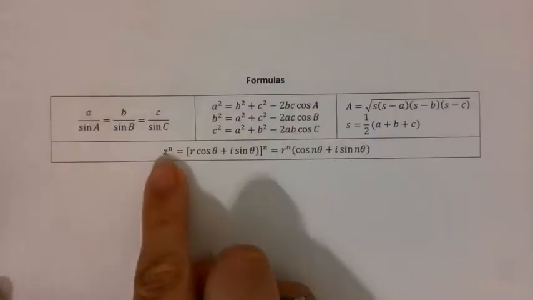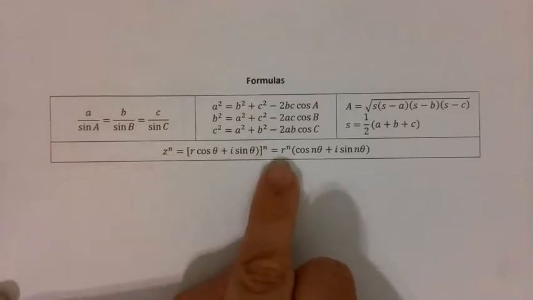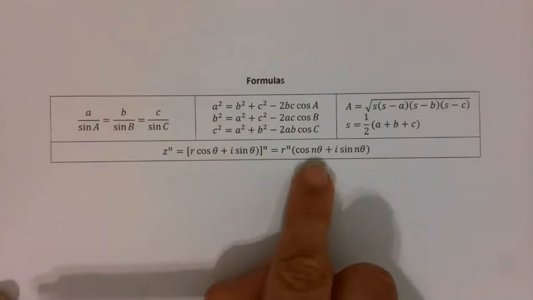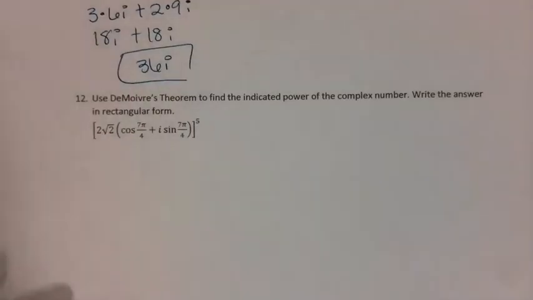This is the one with the z to the n. So I take my exponent, I raise my radius to the exponent, and multiply it by cosine with the angle also multiplied by the exponent, and i sine also multiplied by the exponent.